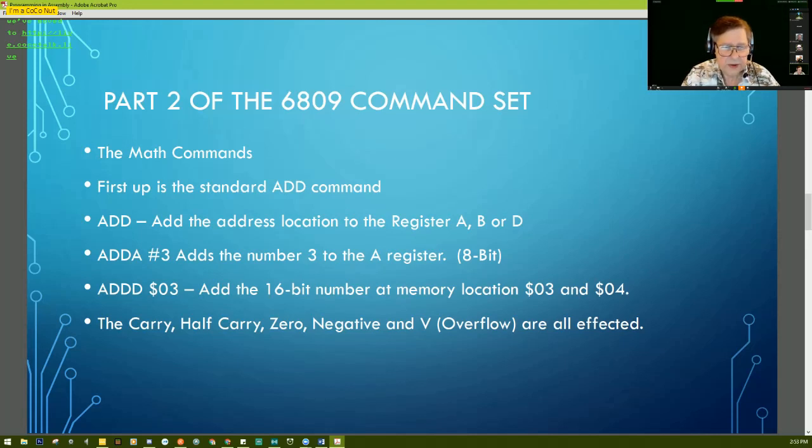And it goes to memory locations 03 and 04, with 03 being the high part, like the A part of the add, and the 04, the byte after it, that's the low part, basically gets added to the B register. So it's a fast way to do an add of A and B together. It does 16-bit.